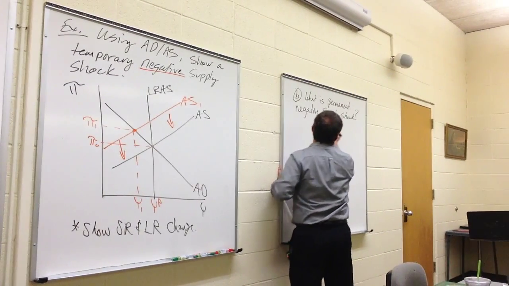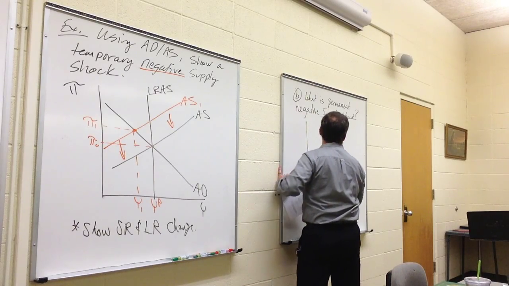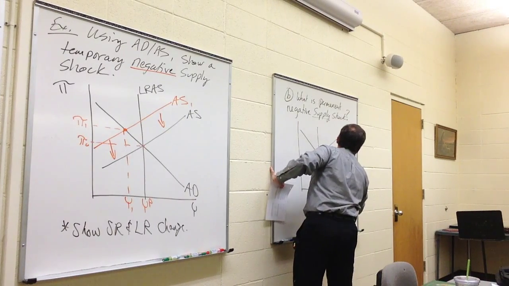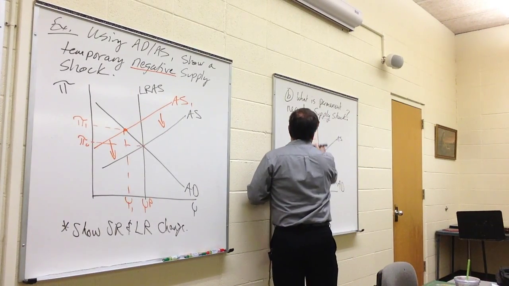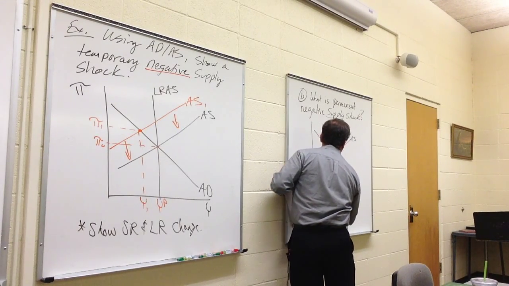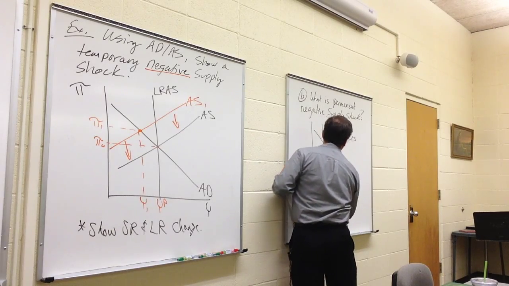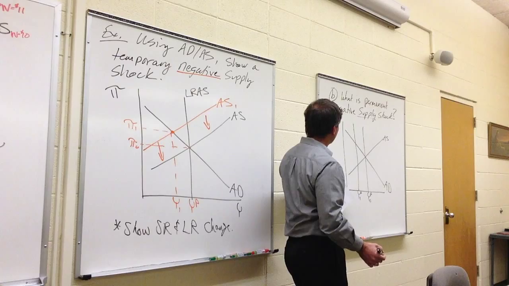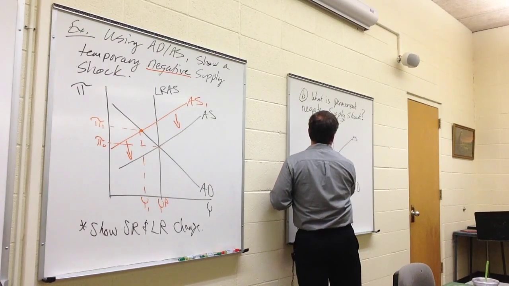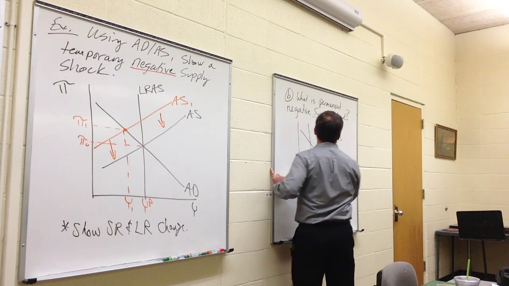So since we're talking about supply, it's long run aggregate supply. And our potential would be changing. Now, as this thing moves, so does the aggregate supply curve.